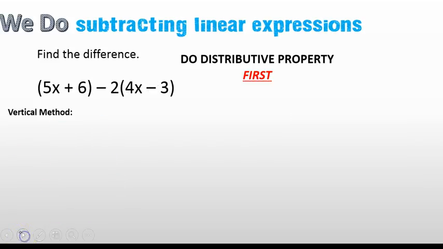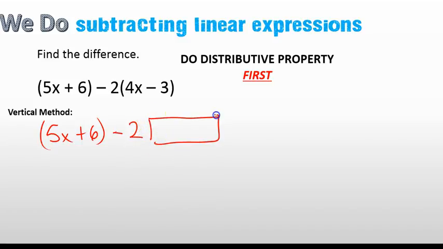And I have one more example here. So I have 5x plus 6. There's nothing really to distribute there, but I have to do the distributive property here. Now, if you treat this as negative 2, then it kind of makes the distributive property a little more simple here for later.